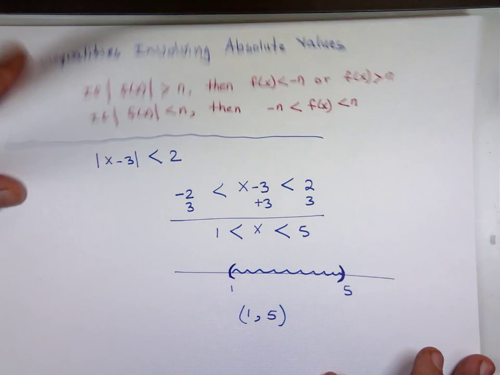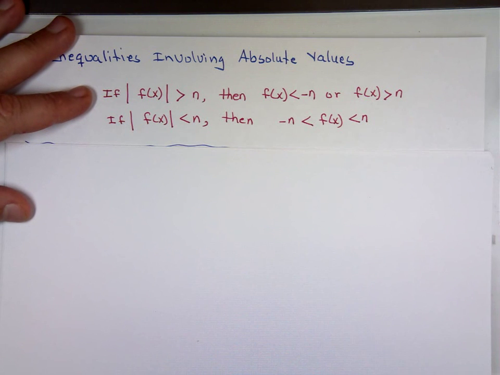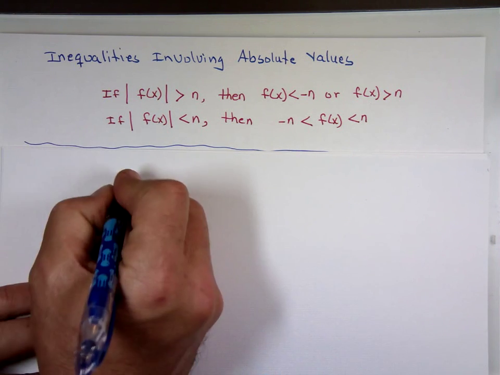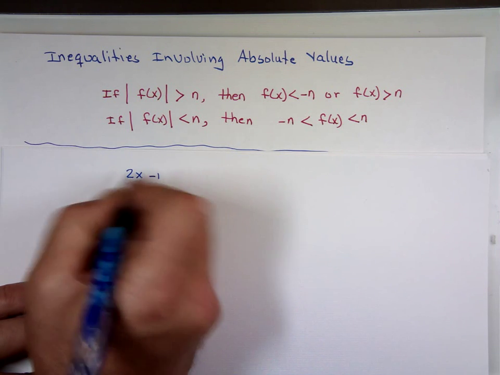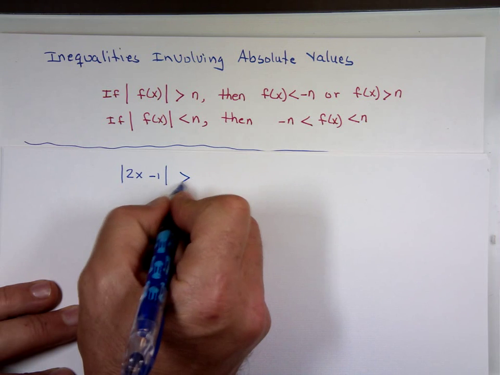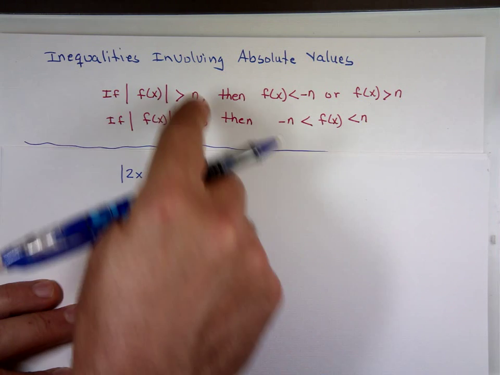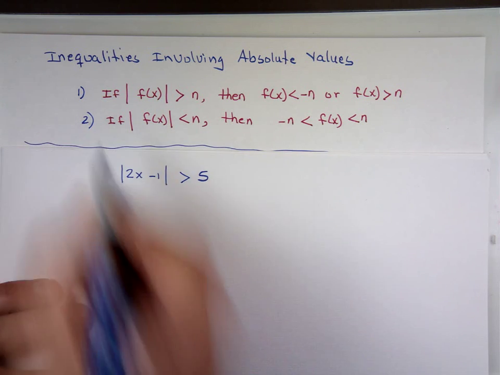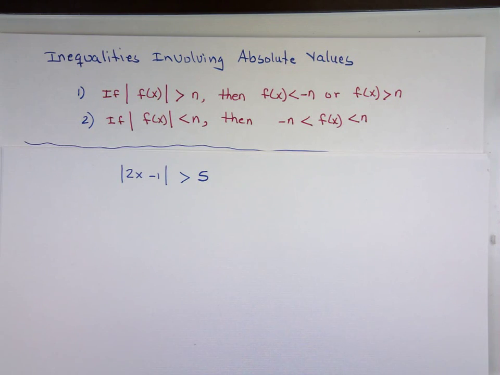I'll try a different one. I'll keep this one handy here. I'll cover it like this. It comes in handy. Let's try this problem. 2x minus 1, absolute value of that, greater than 5. Is it the first? I should number them, 1 or 2. Does it look like 1 or 2?